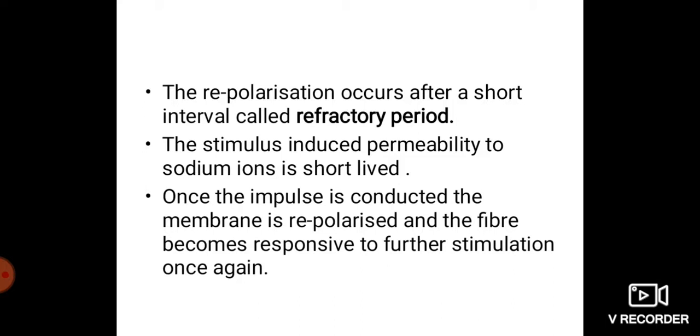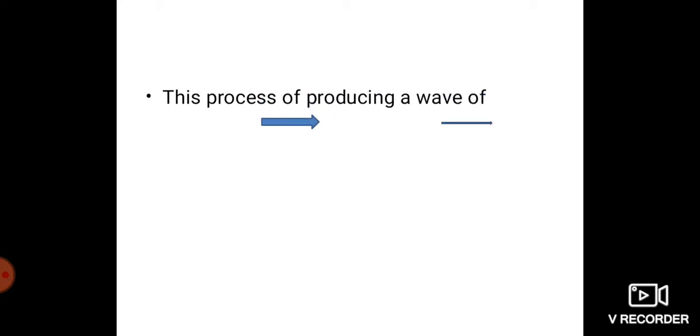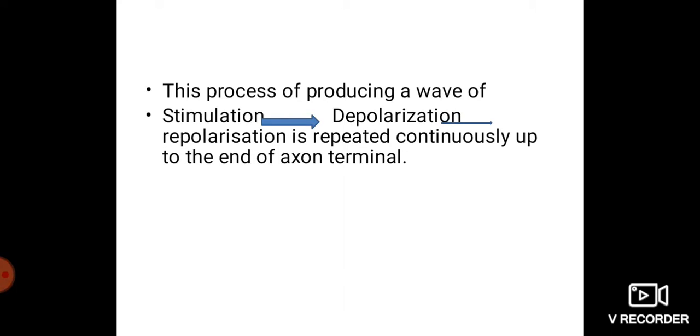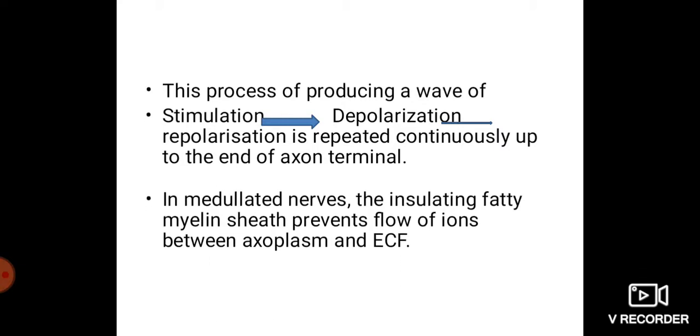This is called the refractory period of the nerve fiber. The process of producing a wave of stimulation, depolarization, repolarization is repeated continuously up to the axon terminal.